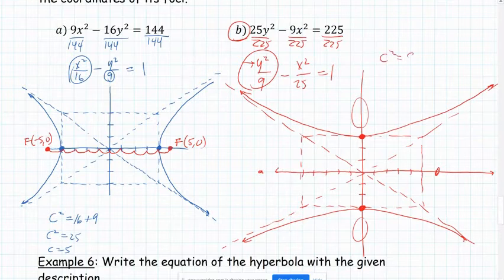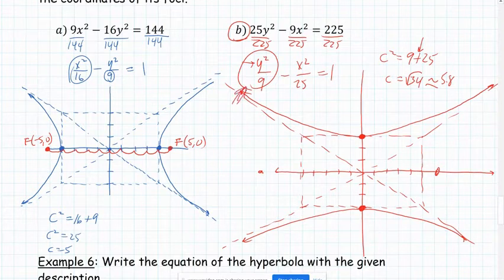c squared is equal to 9 plus 25. Remember, it's plus for hyperbolas. It's subtraction for ellipses. And so c equals the square root of 34, which is about 5.8. So since the y is the positive term, the y squared over 9 is the positive term, our c goes in the y direction.